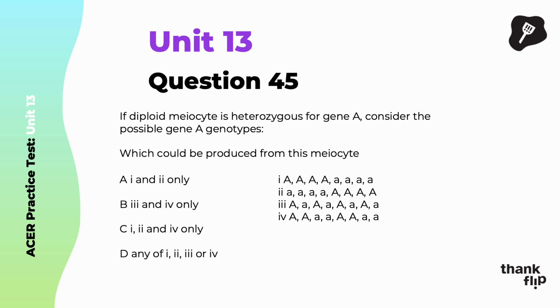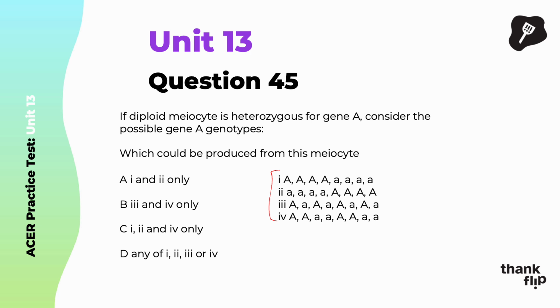Now, question 45 is asking us about a particular myocyte that is heterozygous for gene A, and it's asking us which of the following octads in the ACER could be possible out of these four here. So we have to start off with our diploid myocyte.